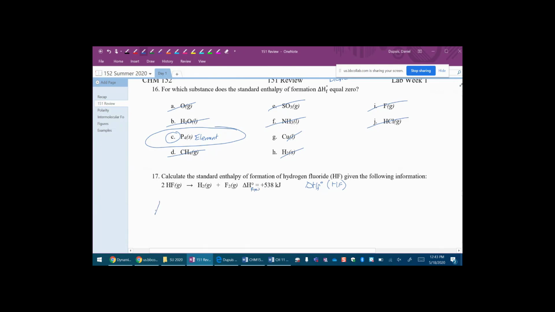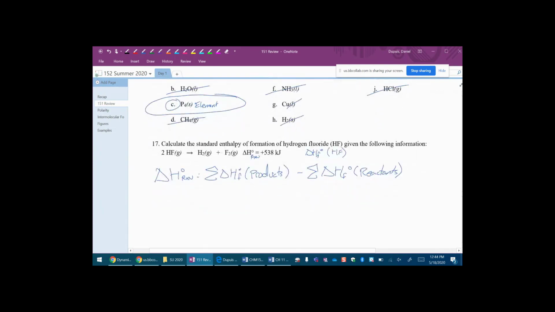So delta H of the reaction, if you remember, equals the sum of the standard enthalpies of formation of products minus the sum of the standard enthalpies of formation of the reactants. All right, so I know delta H of the reaction is plus 538 kilojoules.